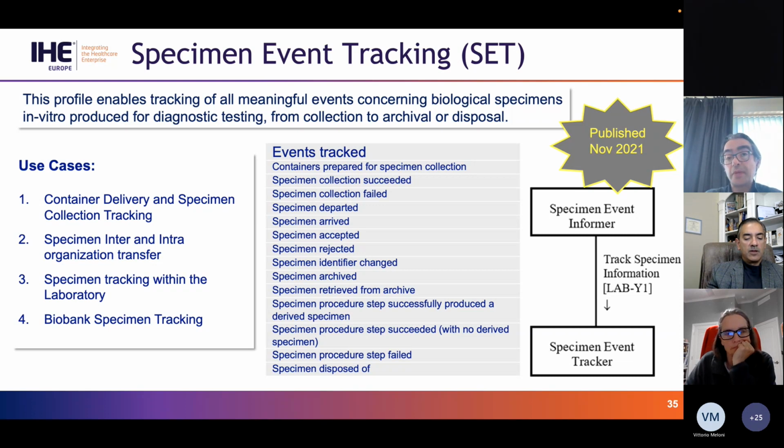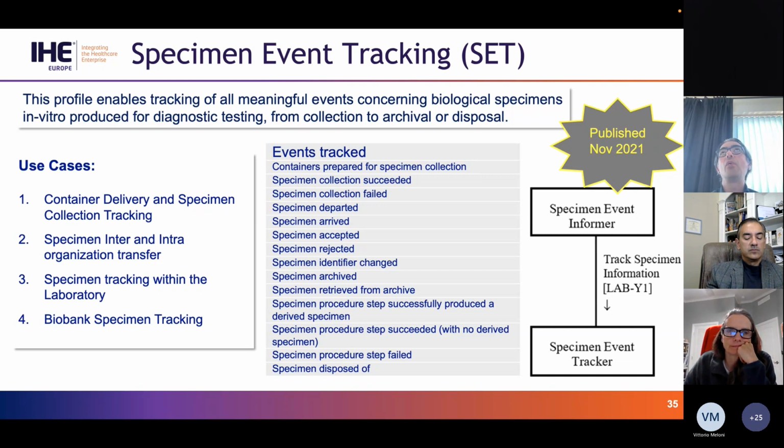What we require of the specimen event tracker is only to be able to collect all these events. We can also have many specimen event trackers according to different lab locations, for example. But the only thing that we require of this actor is simply to collect the events.